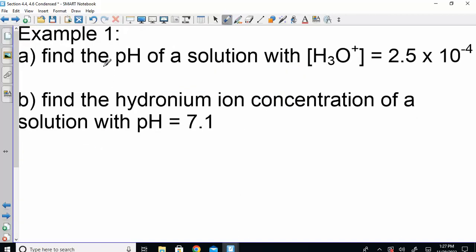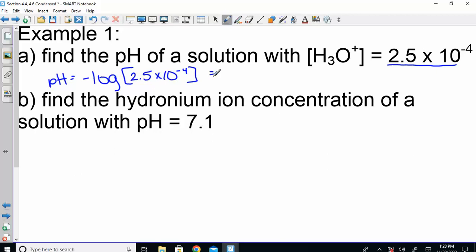For part A, I want to find the pH if the H3O+ is 2.5 times 10 to the negative 4. So the formula you just wrote down: pH is a negative log of the H3O+. This is just strictly a calculator question.